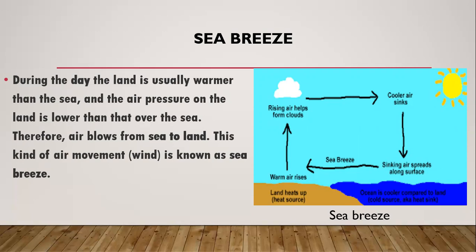As we have said, the air pressure on the land is lower than that of the sea, so the wind moves from the place of high pressure to the place of low pressure. So the air moves from the sea to the land. That's how the sea breeze occurs.